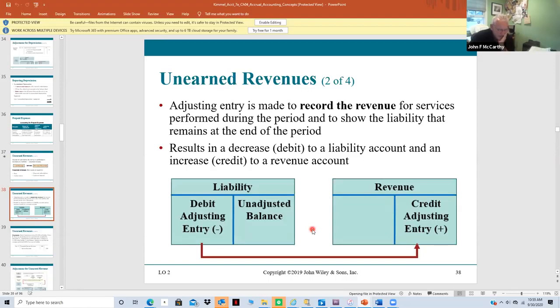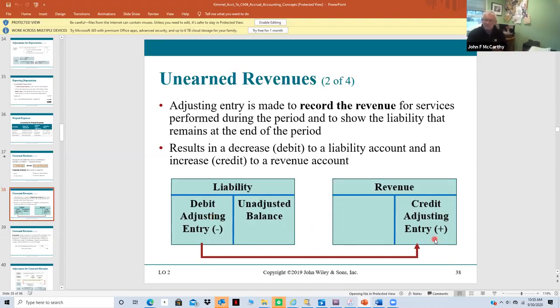So here's the entry. If I have unearned revenues as liabilities, the unadjusted balance would be a credit. So I'm going to debit that if appropriate, if time has passed. If there's an adjustment to be made, it's going to debit the liability, bring the balance down, and credit some sort of revenue account.